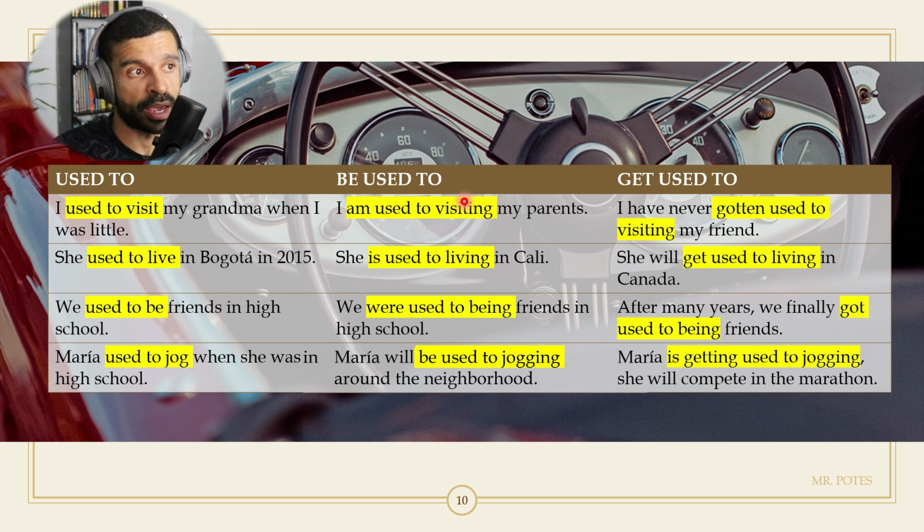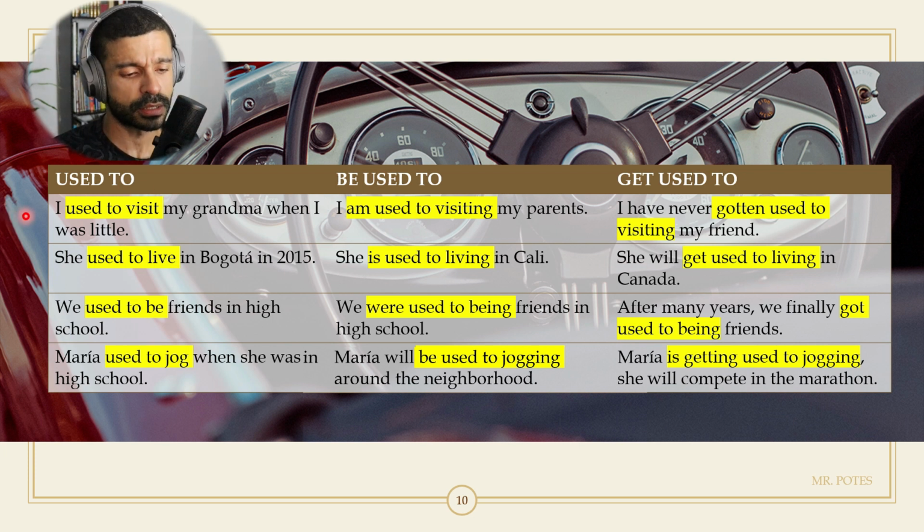Be used to, on the other hand, refers to being familiar with something, being already, the key word here is already. So being already familiar to something or being already accustomed to something. And get used to refers to the actual process of becoming familiar or becoming related to something. And what is in yellow here is what changes between the three of them.